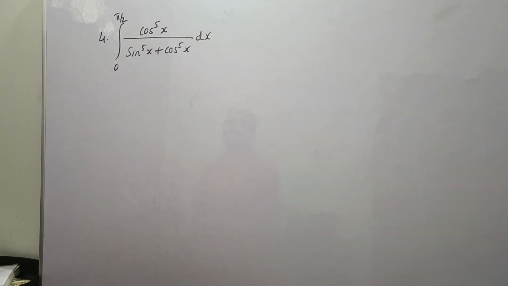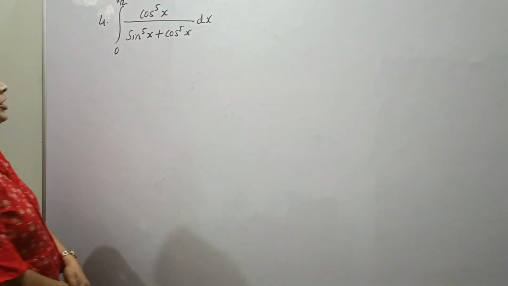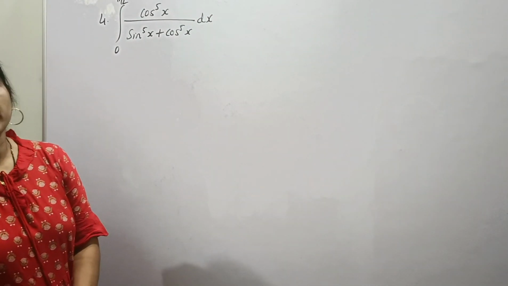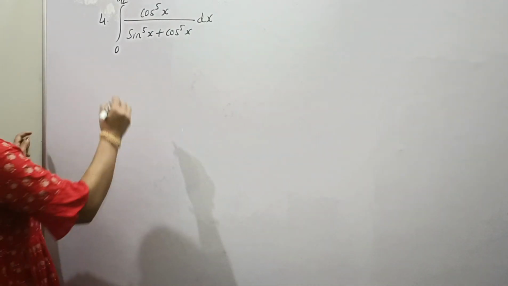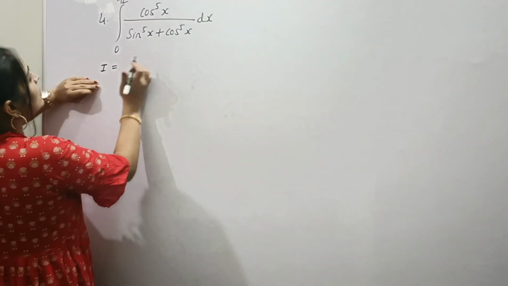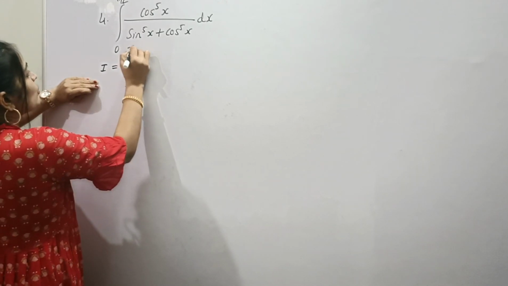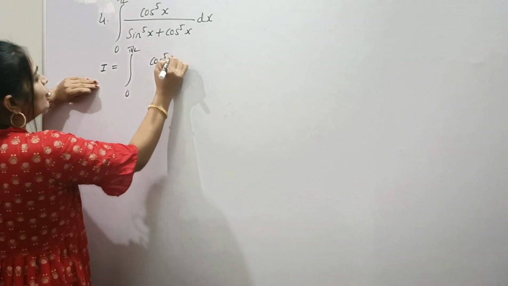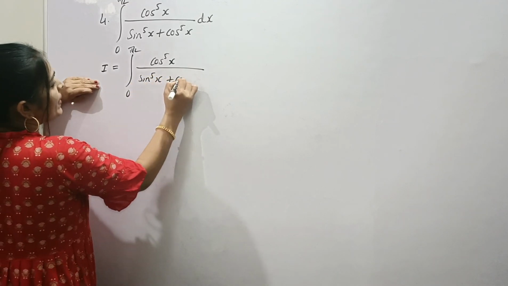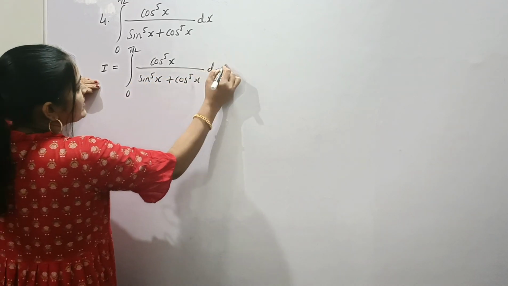Integral 0 to pi by 2 cos raised to 5x divided by sin raised to 5x plus cos raised to 5x. Same property we will apply here. First of all let's take I is equal to integral 0 to pi by 2 cos raised to 5x divided by sin raised to 5x plus cos raised to 5x dx.